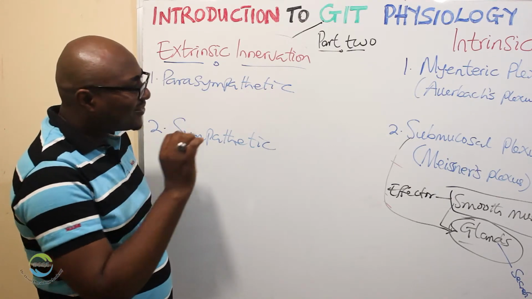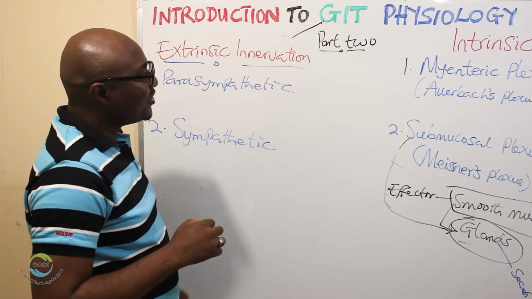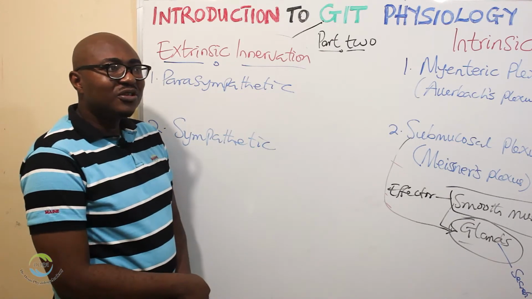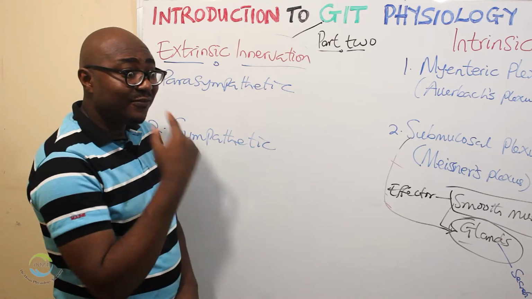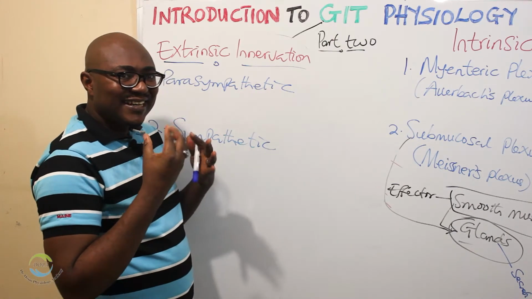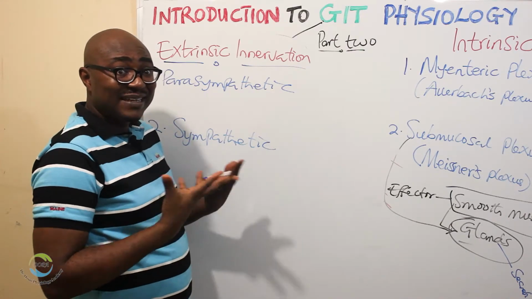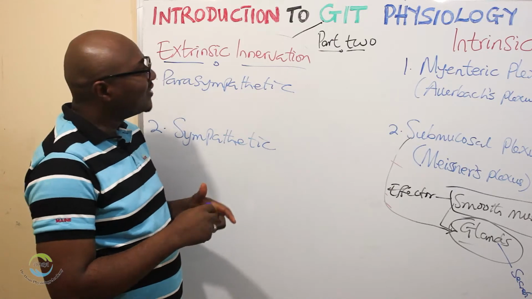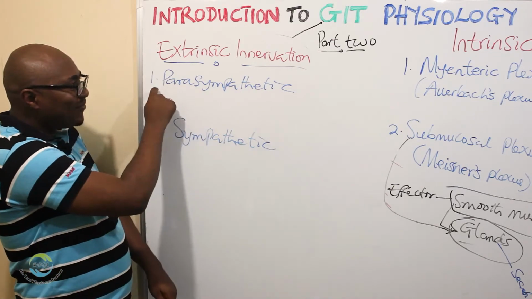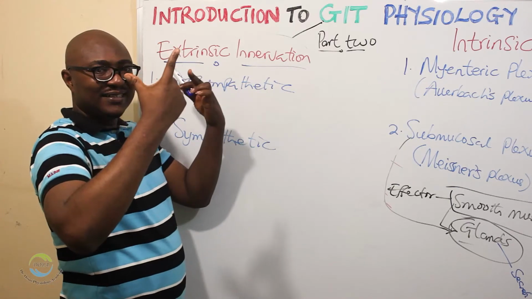So when we start talking about GI secretion, I'm just digressing a little, you find out that sometimes just thinking about food or seeing food with your eye can start stimulating salivation and secretions in your stomach in anticipation of that food. It's coming from this extrinsic because they are connected to the brain. Okay?